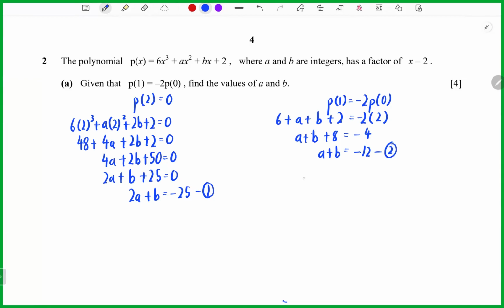So I take the first equation minus the second equation: a equals negative 13. Then b equals negative 12 plus 13, so I will get positive 1.